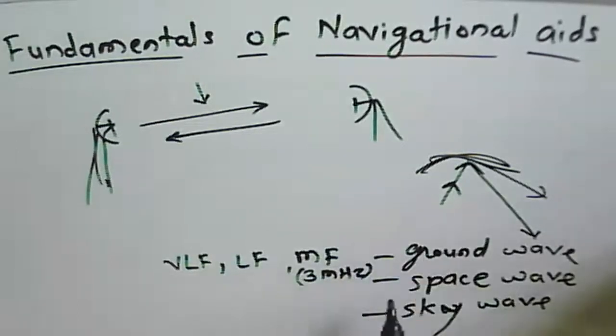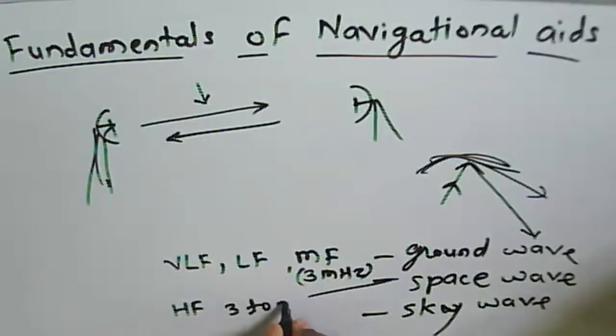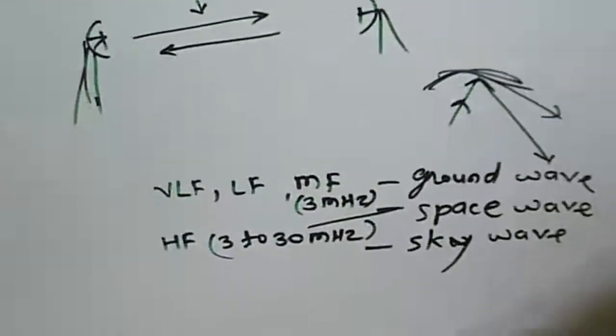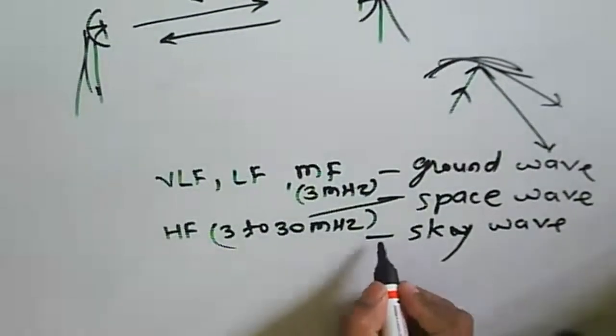That is why it is called ground wave propagation. Then the HF band, from 3 to 30 megahertz, is used for propagation. That is about the bands of propagation.